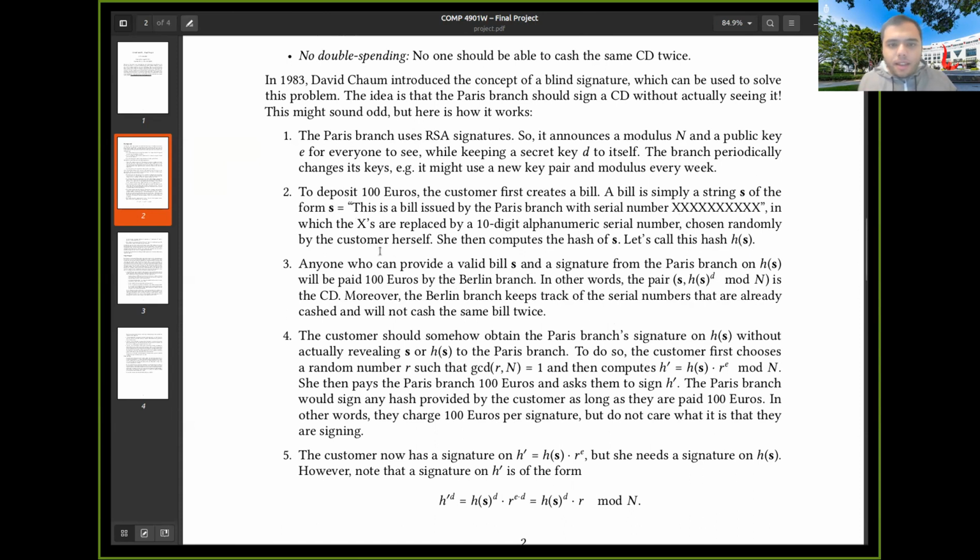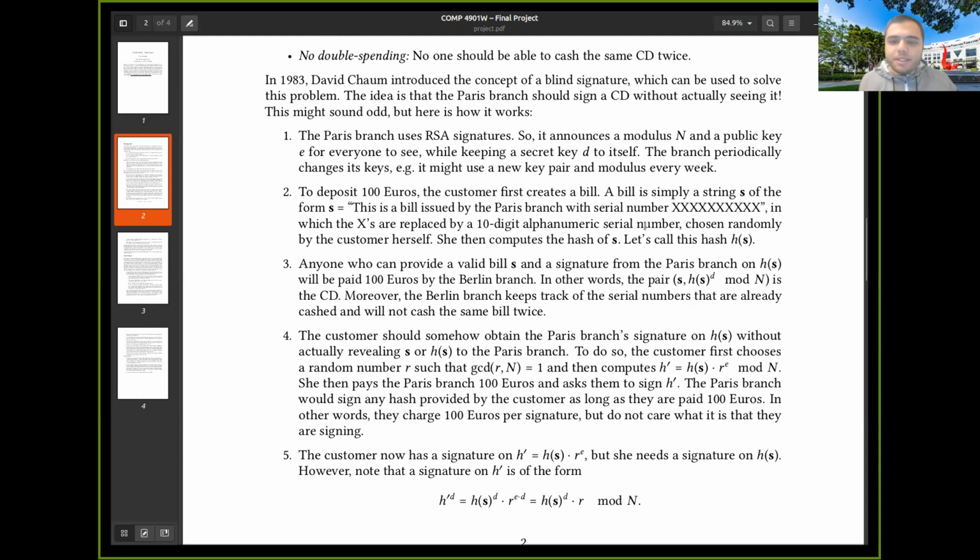Okay. And now there's a really good question in the chat. The question is, what if the serial number is duplicated? And the answer is that that's highly unlikely. We are going to make the serial number really large.